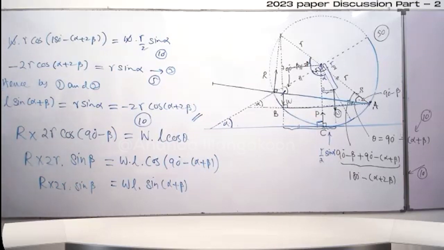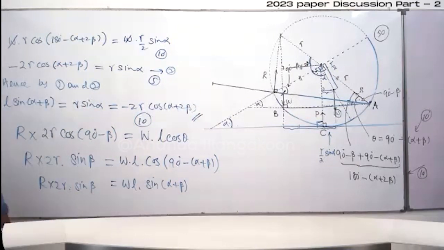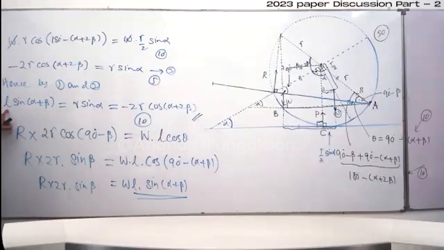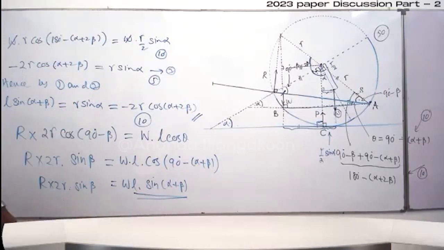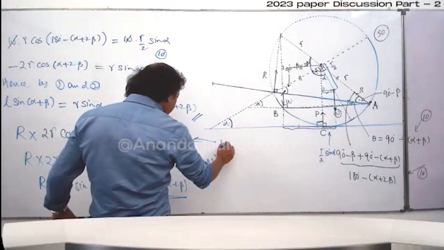Then you can make R the subject. For the L sin(alpha plus beta), if necessary, you can substitute by the previous answer, R sin alpha. Then we get this answer for R. For the moment equation, 10 marks are given.